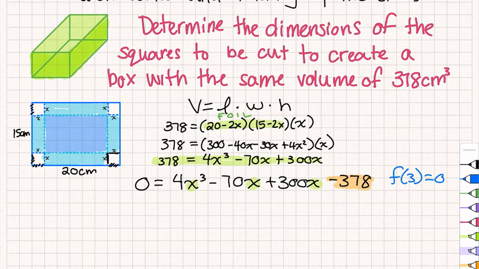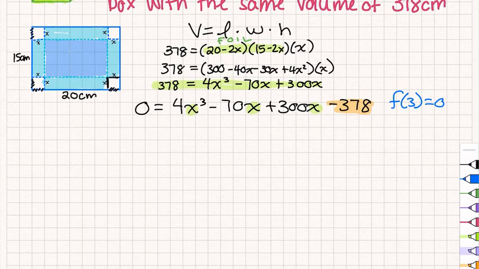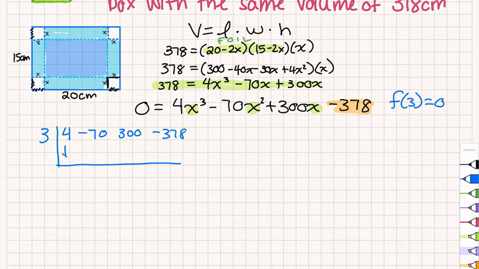So now we're going to check the factor for 3. For our ladder, we're going to have 3, and then 4, negative 70, 300, and negative 378. So we bring down the 4, multiply, and we get 12. Then we add, and we get negative 58.